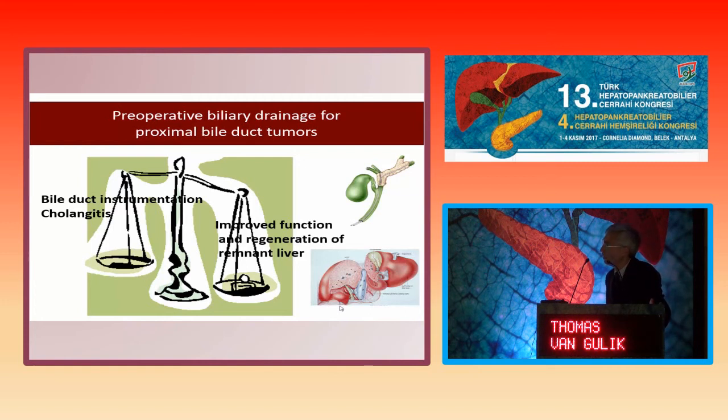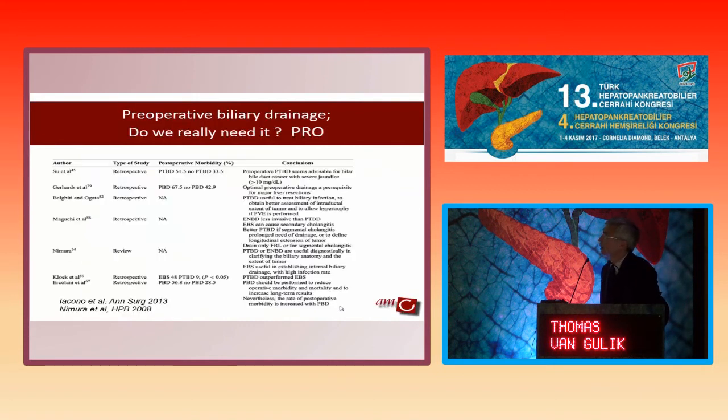We still think that patients with perihilar carcinoma who require a large liver resection really need preoperative biliary drainage. But that depends on liver volume, and I'm going to tell you on Friday how important it is to define the relation between the obstructed biliary system and your volume of remnant liver tissue.